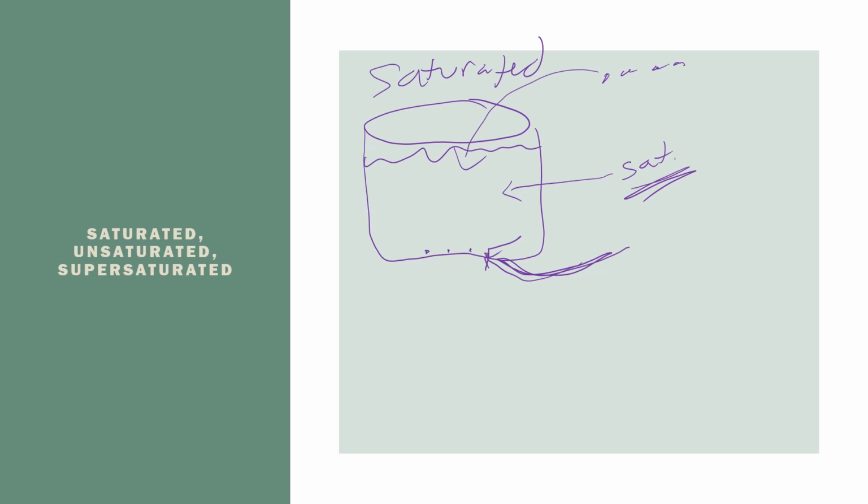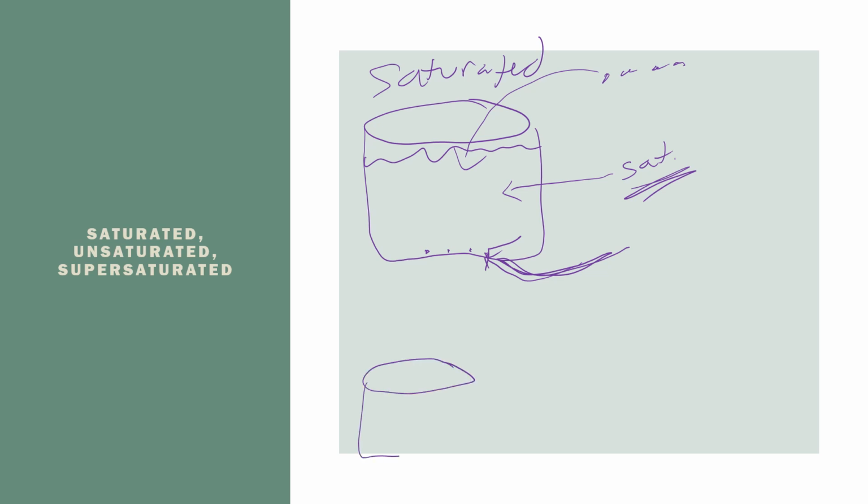Supersaturated is something completely different. Only certain compounds will form a supersaturated solution, and it is somewhat rare. So a supersaturated solution is where you heat up a solvent so it can dissolve more of your solute. And then if you slowly cool it back down, sometimes those particles will remain suspended.